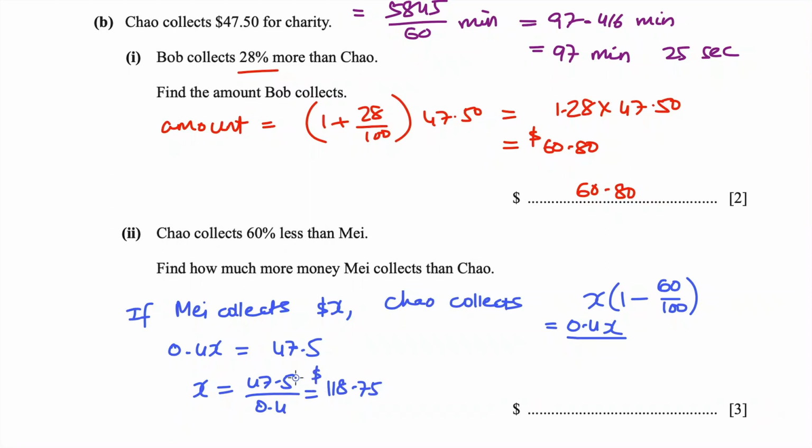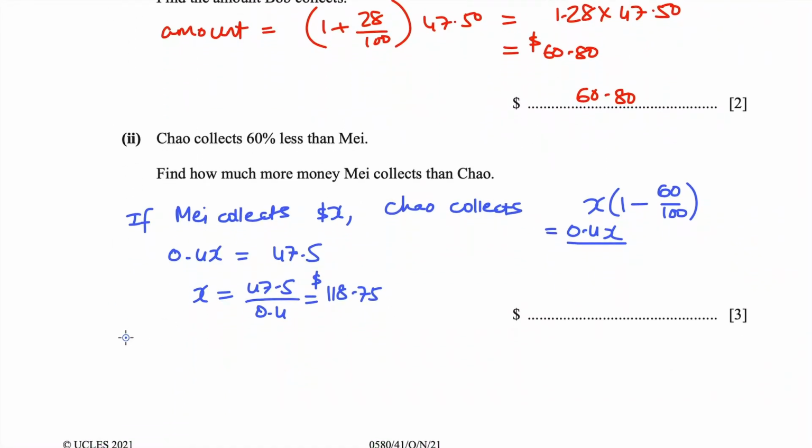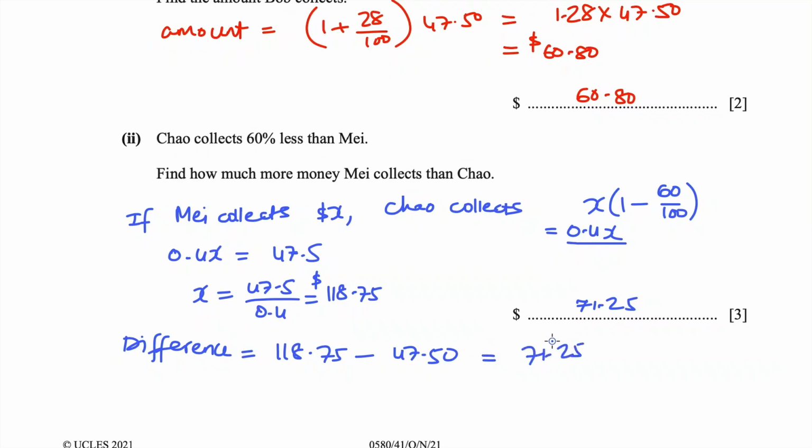So therefore, to find how much more money, the difference is equal to the money that May collects minus the money that Chow collects, 47.50. And this value is given to be $71.25. So the required answer is $71.25.